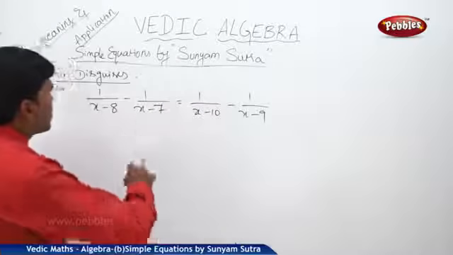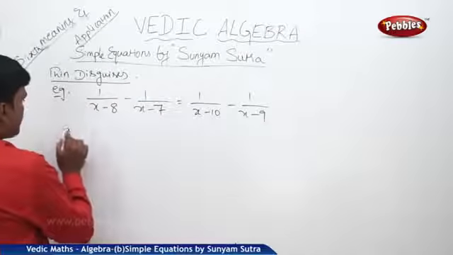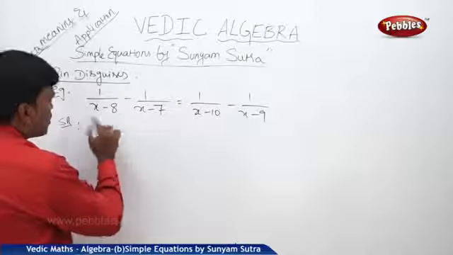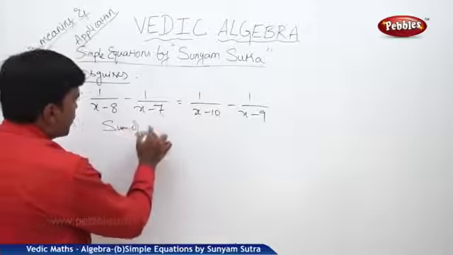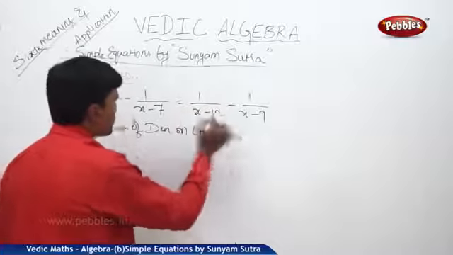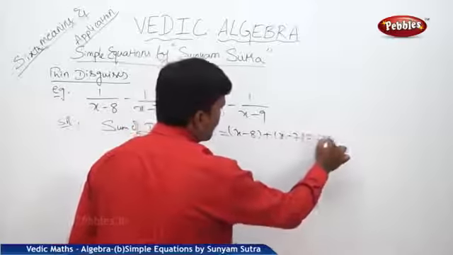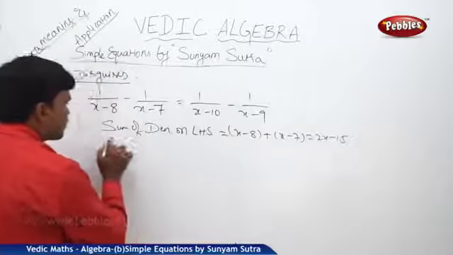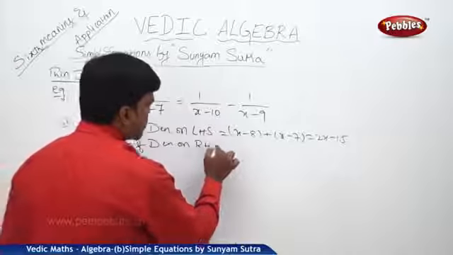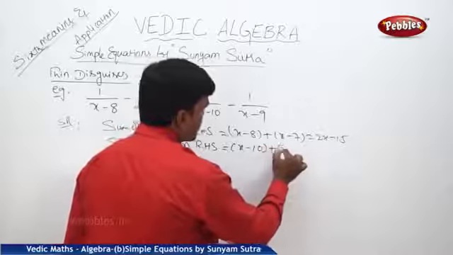As per our sixth meaning and its application, immediately we will see the sum of the denominators. Sum of the denominators on LHS: x minus 8 and x minus 7. How much will you get? 2x minus 15. Similarly, the sum of denominators on RHS equals x minus 10 plus x minus 9.